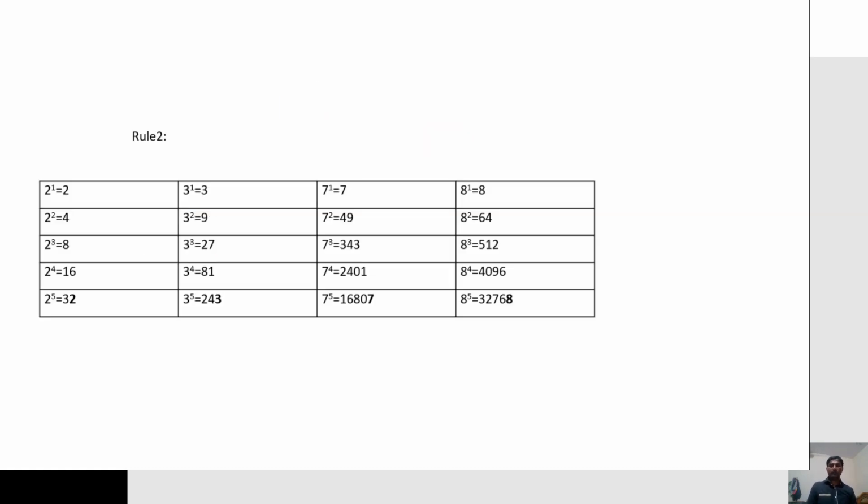Next, rule number 2: if the unit place is 2, 3, 7, 8. 2 to the power 1 is 2, 2 to the power 2 is 4, 2 to the power 3 is 8, 2 to the power 4 is 16 and 2 to the power 5 is 32.